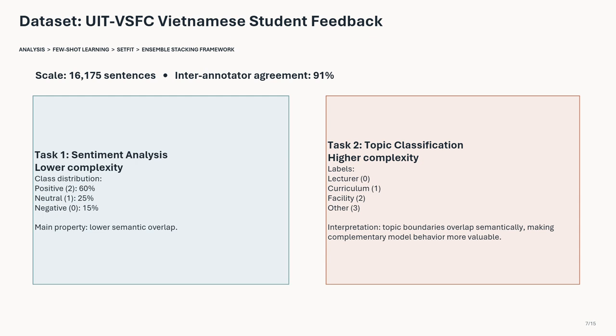The second task is topic classification. The model predicts the topic of the feedback, such as lecturer, curriculum, facility, or others. Sentiment analysis is easier because the labels are more direct. Topic classification is harder because the meanings can overlap.